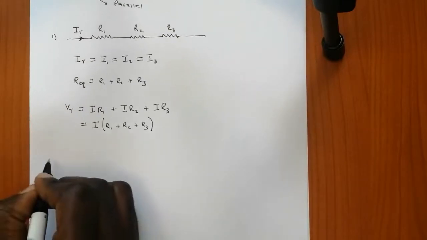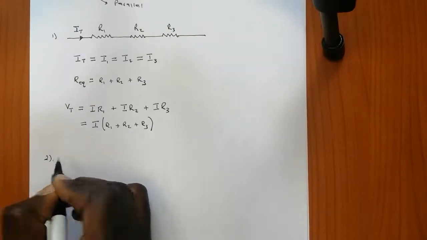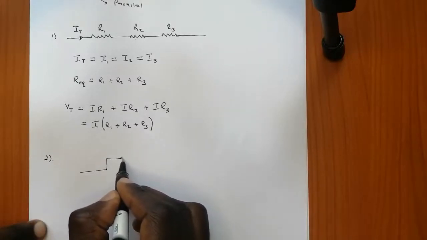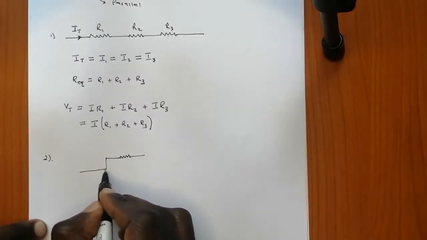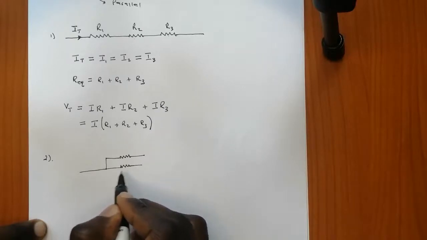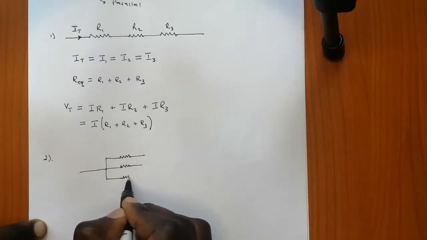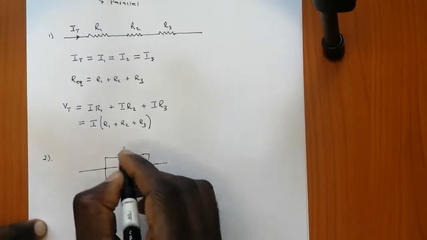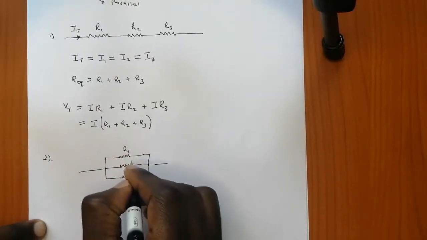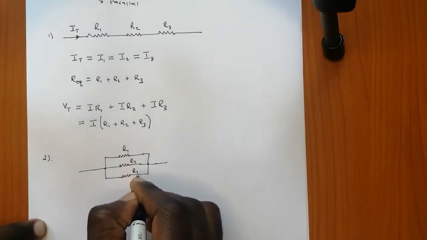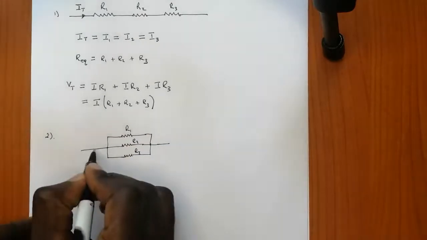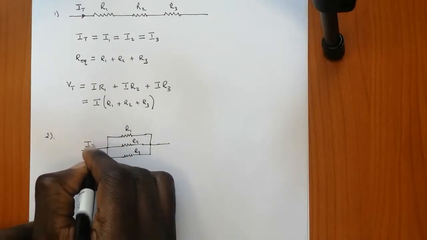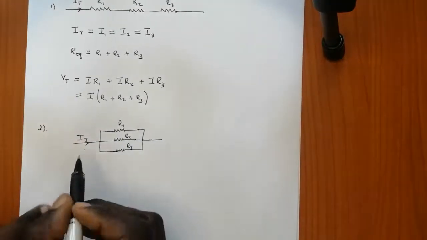The second one, you can connect resistors in parallel. So you have resistors that are connected in parallel, this being your R1, R2, and R3. You provide a constant current, let's say I total.